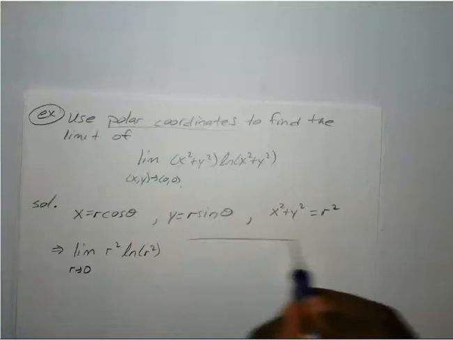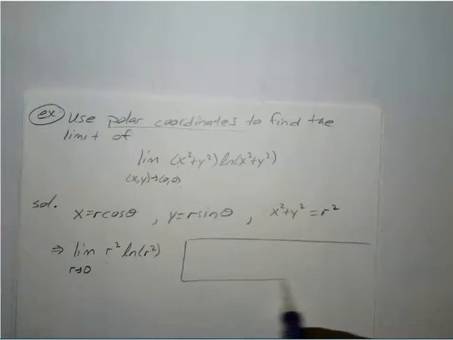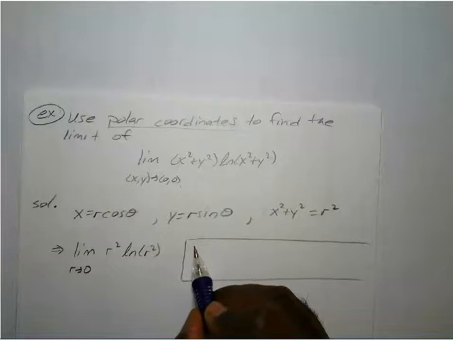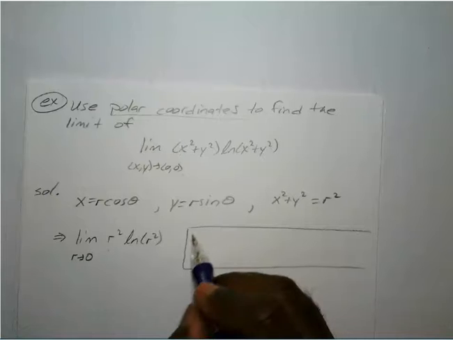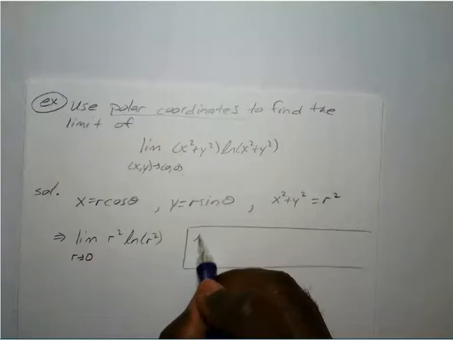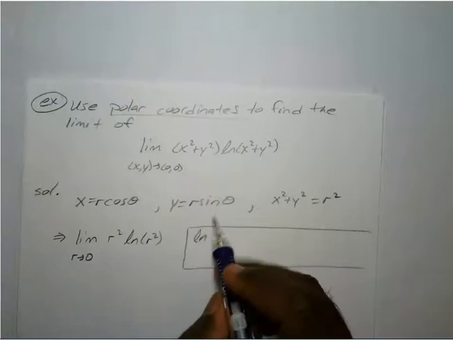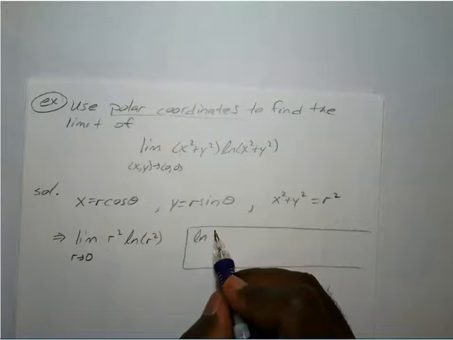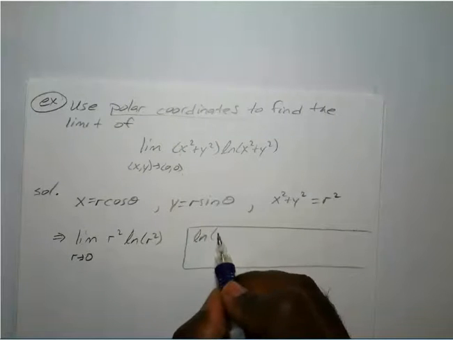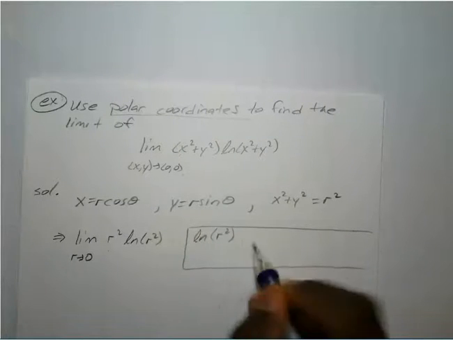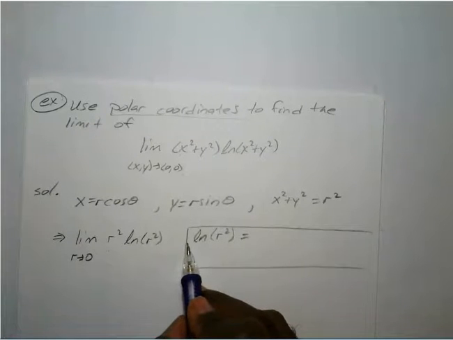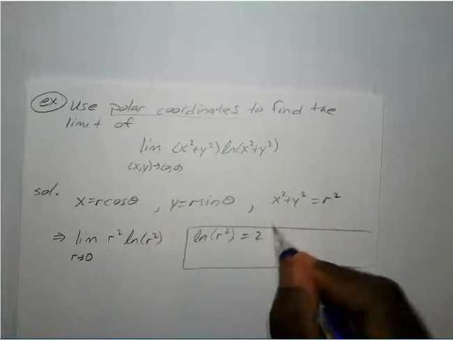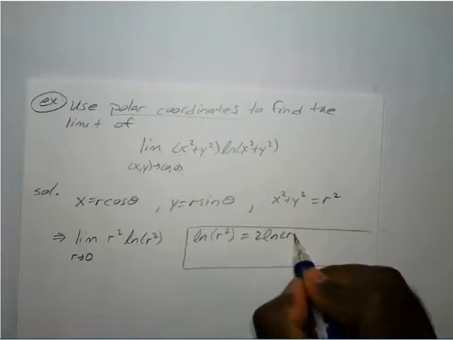Now, if you remember from a couple of classes, I can't remember exactly which class, natural log should be in intermediate algebra. Natural log of r squared is equal to, you can bring that 2 down to the front for the power rule of log. So it's 2 times natural log of r.